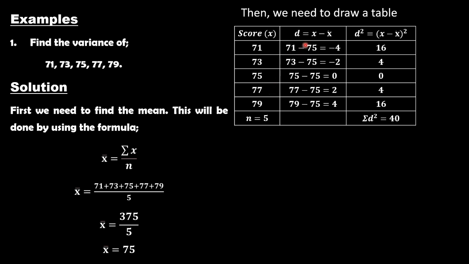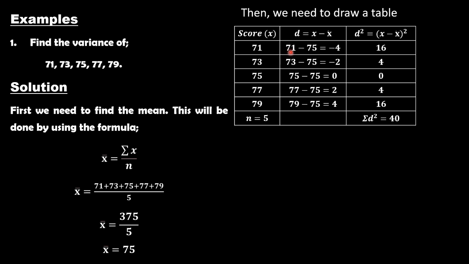Then the next column that follows is d equals x minus x bar. In other words, we call it deviation. This d stands for deviation. That is, how far is this value from the mean? Now, for the first value, what we need to do is subtract the mean from the first value.